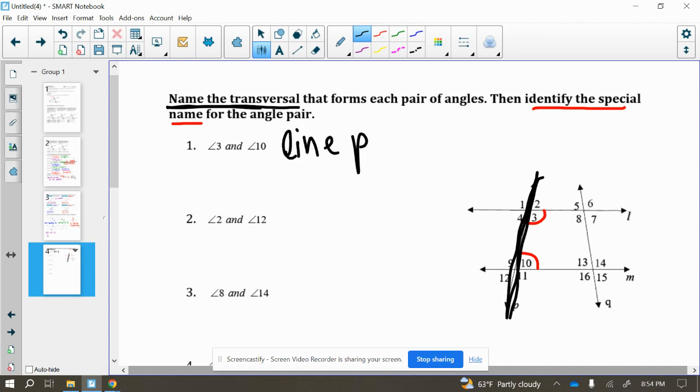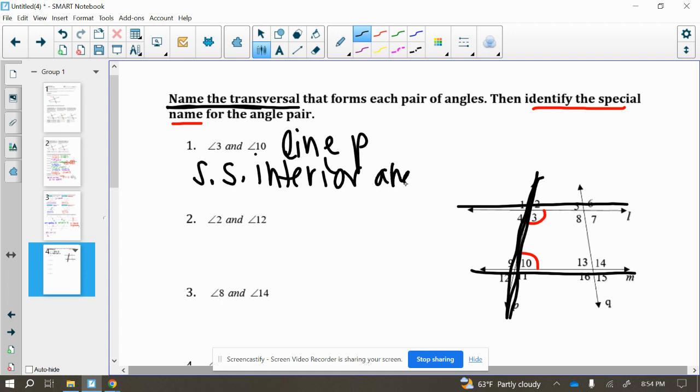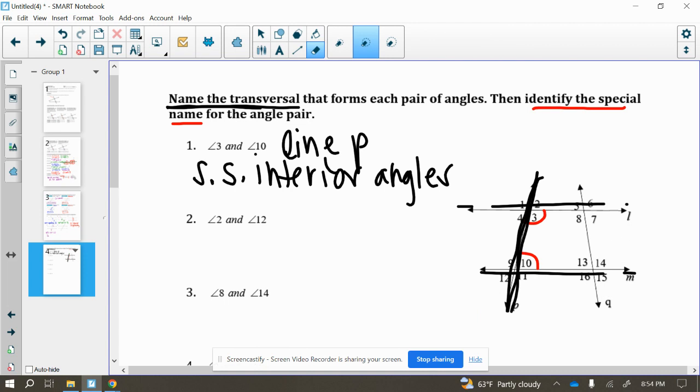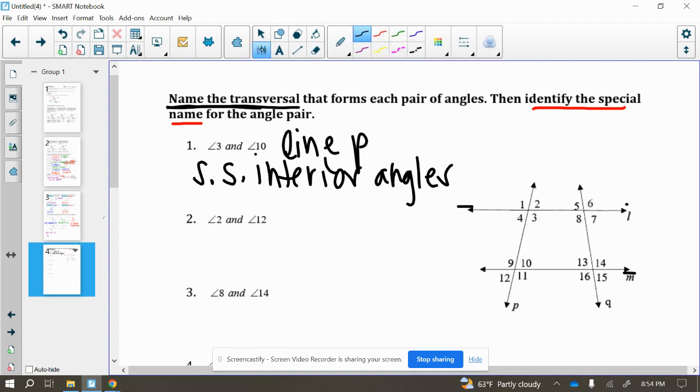In this case, if we compare it to these other two lines, we would say that angle 3 and angle 10 are same side interior angles. Now we don't officially know if these lines are parallel, but we would know that they're same side interior regardless. Next one is asking us about angles 2 and 12.